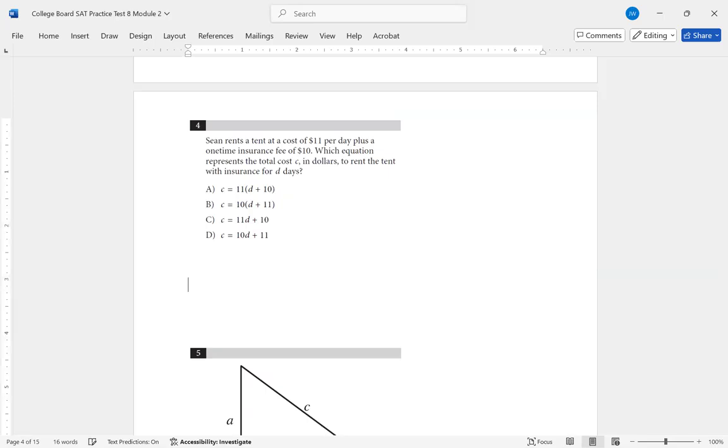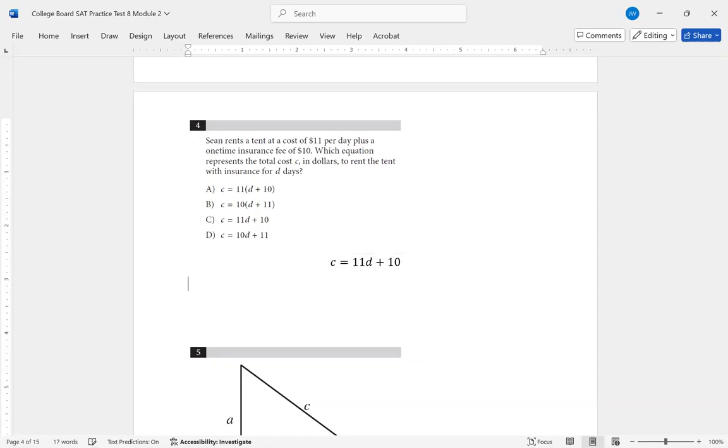Question 4. Sean rents a tent at a cost of $11 per day plus a one-time insurance fee of $10. Which equation represents the cost to rent the tent with insurance for D days? So the cost is going to be $11 times the number of days, which we will call D. And then since it's a one-time insurance fee, then we just have to add 10 once.